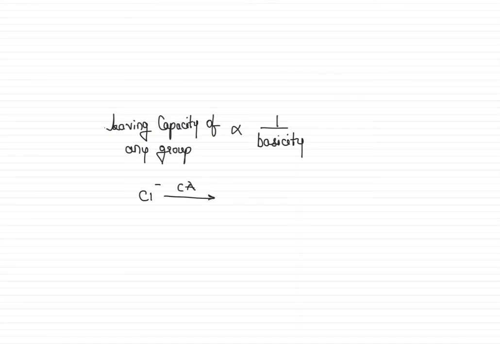So the conjugate acid would be HCl, which is a strong acid. The other leaving group that we took up was OCOR dash. The conjugate acid would be RCOOH, an organic acid. And the other one was OR dash minus, and its conjugate acid here is R dash OH.